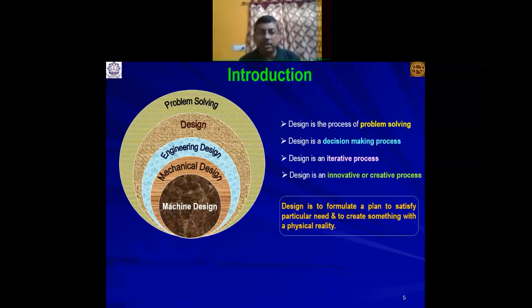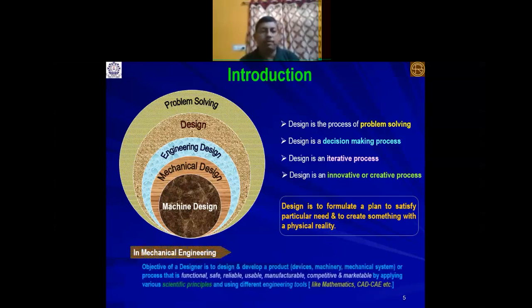Whatever the case, whether it is total mechanical engineering system design or machine design, the objective of the designer is to design and develop a product, maybe a device, machinery, or any mechanical system, or a process, that is functional, safe, reliable, usable, manufacturable, competitive, and marketable, by applying various scientific principles.